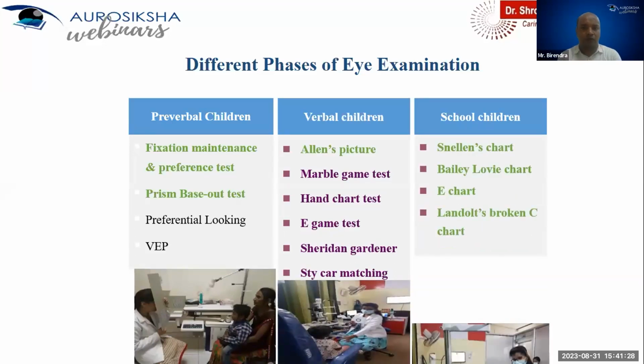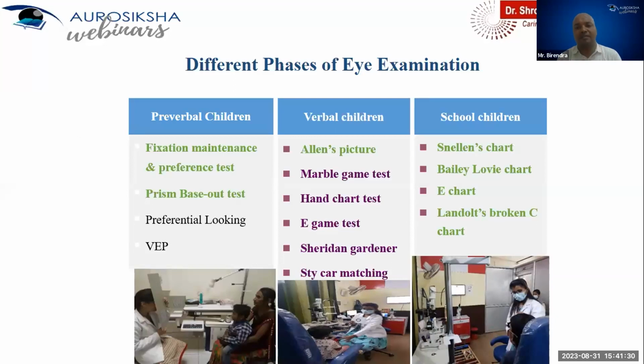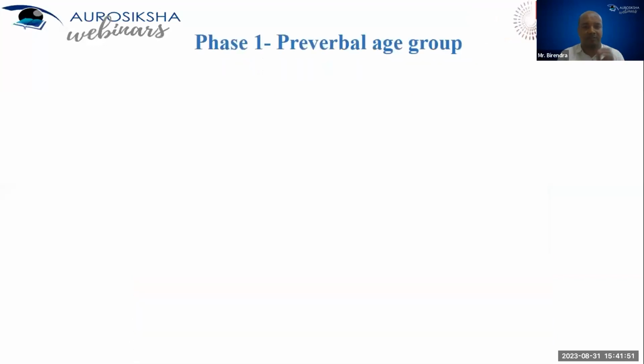In school age children it is very easy to assess visual acuity, as it looks like an adult examination. In the verbal age group it is slightly more difficult, but the pre-verbal is a very tricky task. I will explain how you can assess the pre-verbal age group child in the visual assessment section.